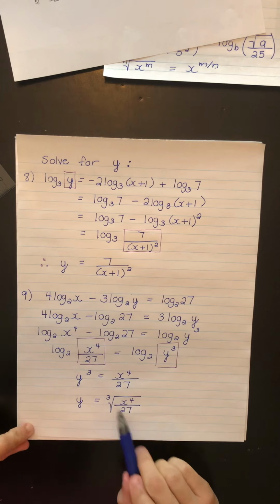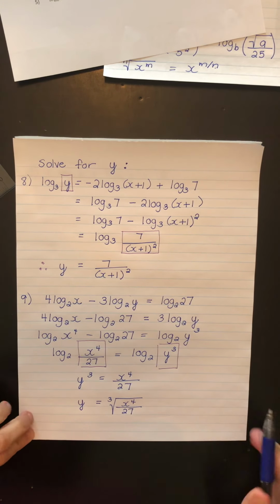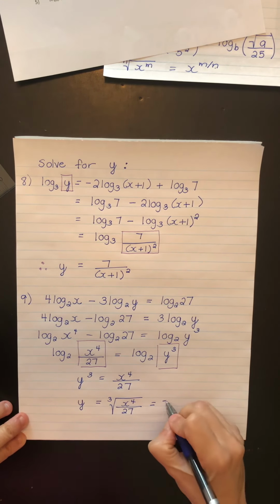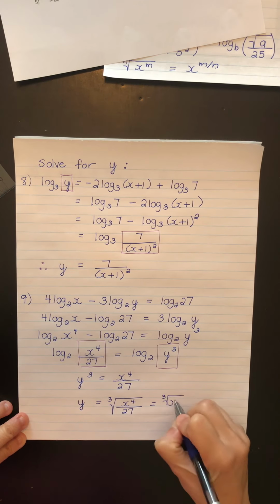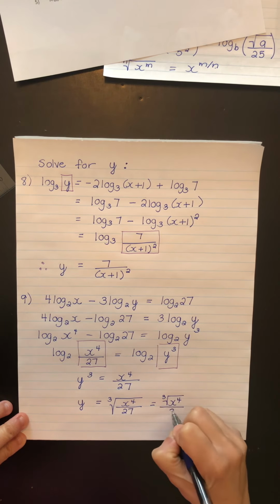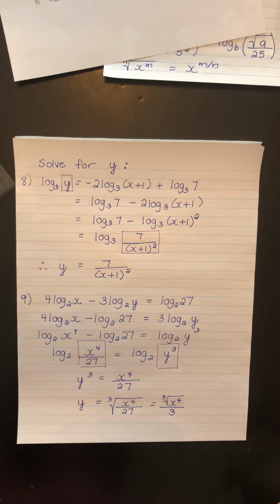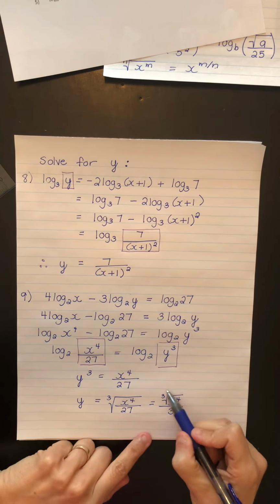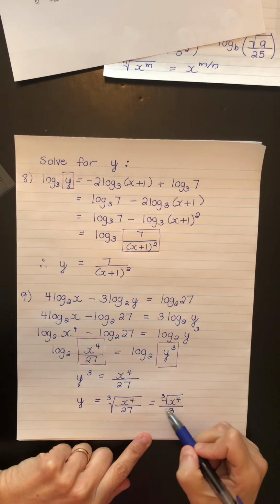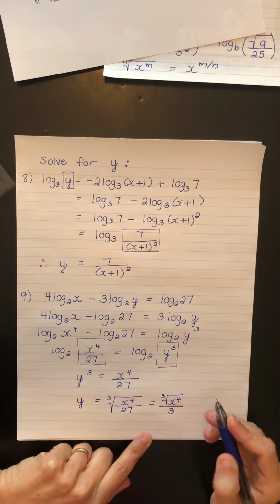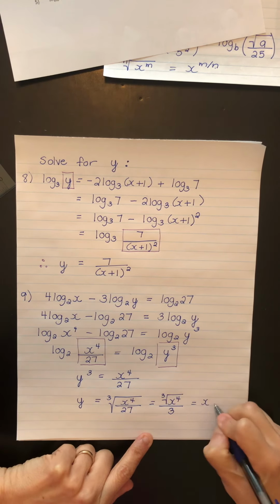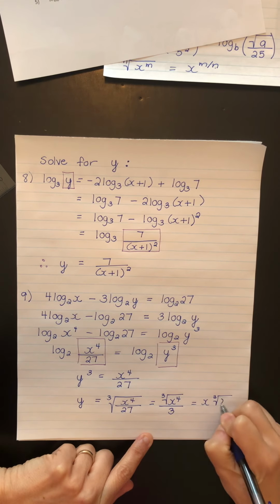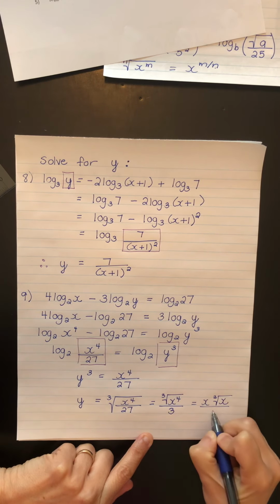Now, the cube root of 27 is 3. So I can change to this notation. If you recognize that this can be reduced further, then I urge you to reduce it further. It would be x times the cube root of x over 3.